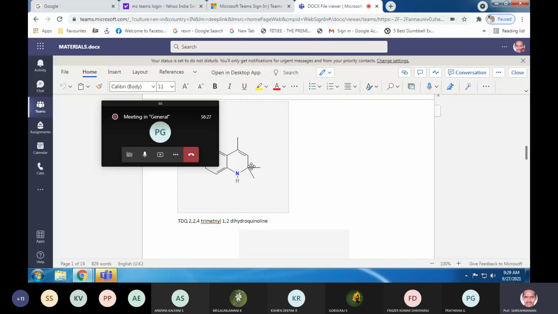So this TDQ is polymerized 2,2,4 trimethyl 1,2-dihydroquinoline polymerized. And the extent of polymerization can be controlled. One can have a viscous fluid or a low melting solid.